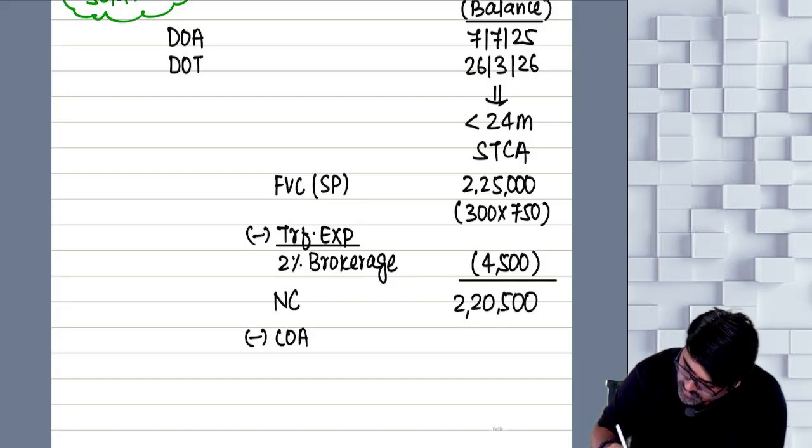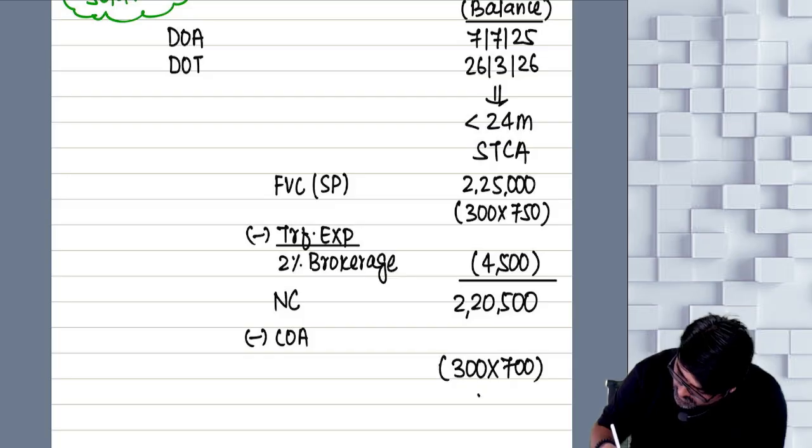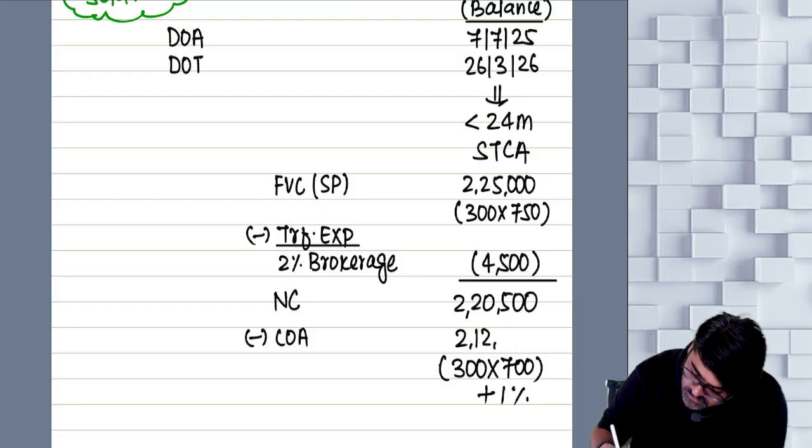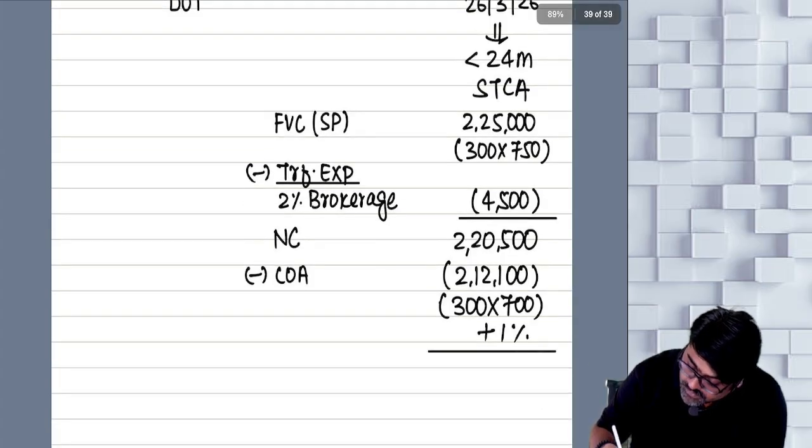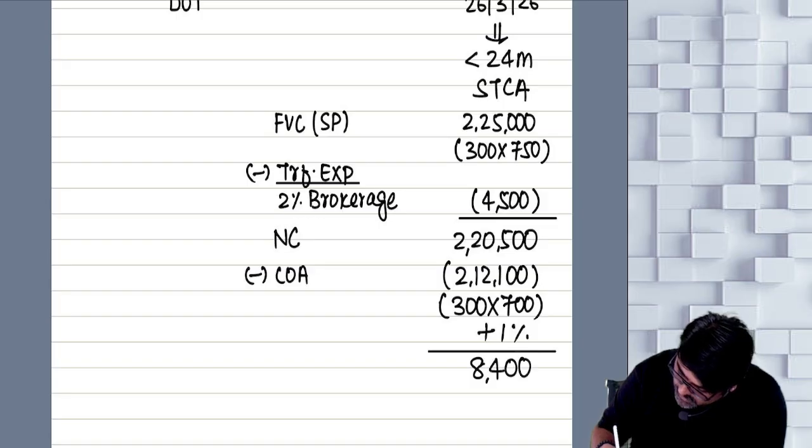What will be the cost of acquisition? 300 into 700 plus 1%, 2,10,000. Total 2,12,100. Everyone getting 8,400.